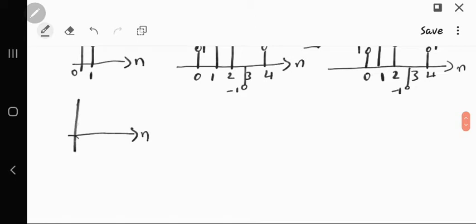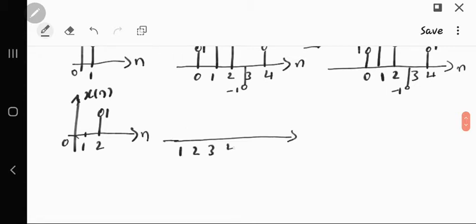Now I am taking the third sample of x of n, that is at time index 2. The amplitude of the signal is 1. Since it is located 2 places from the origin towards the right, we have to shift h of n 2 times towards the right, and then multiply this with x of n. Now when it is shifted, the signal will start from 1 and end at 5.